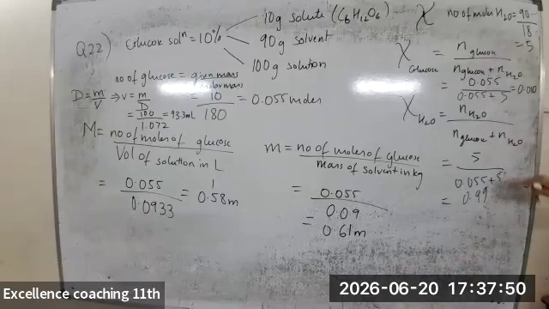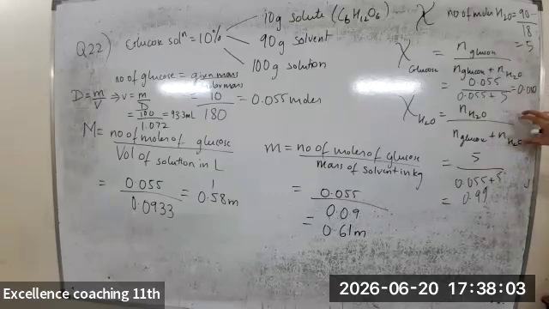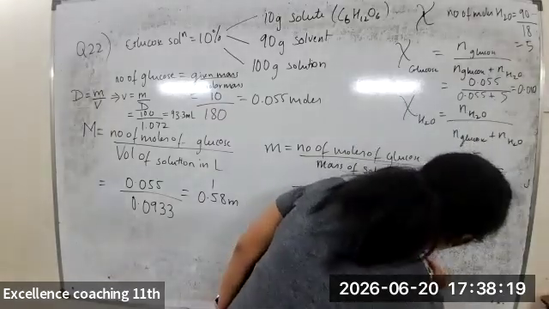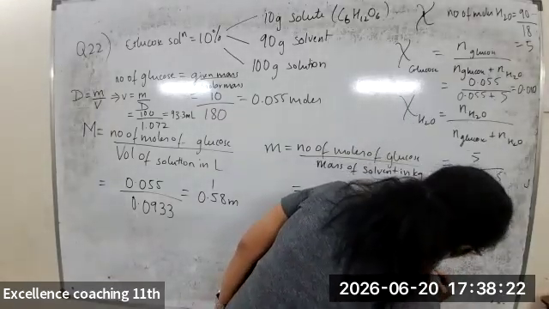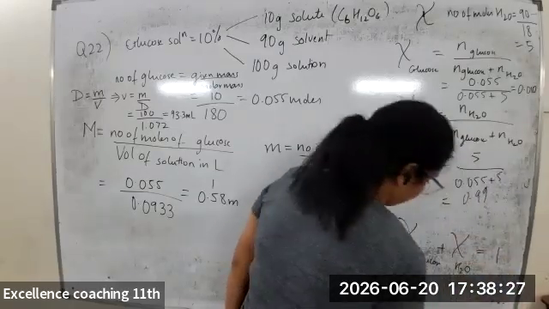If in case you all want to skip all this, because this is a bit of a tedious step, I explained two ways last class. Either you can find the number of moles separately for water and for glucose, or else you find the mole fraction of only one entity. For example, if you find it for glucose, then the mole fraction of glucose plus the mole fraction of water will be equal to 1.